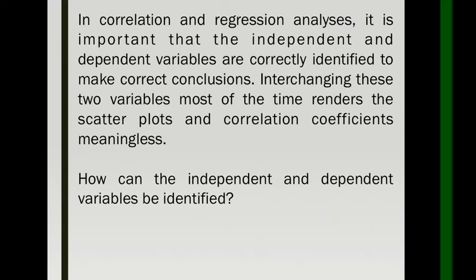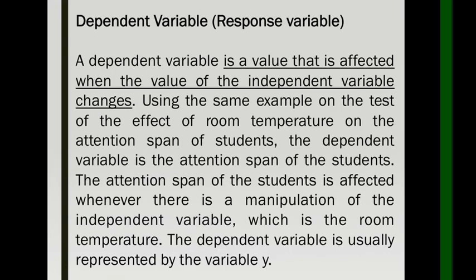How can the independent and dependent variables be identified? First, a dependent variable is a value that is affected when the value of the independent variable changes. So lagi siyang nakadepende sa independent variable.